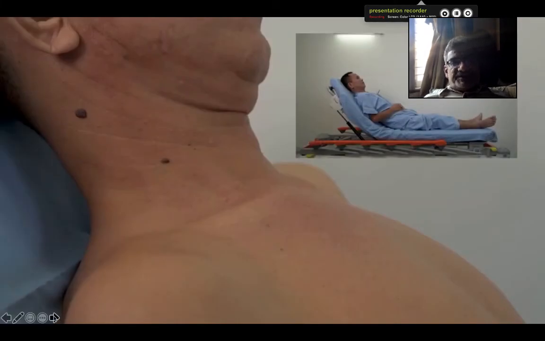This is the position which we utilize to estimate the jugular venous pressure. The back of the patient is at about 45 degrees to the bed. This is the ideal position to estimate the jugular venous pressure.